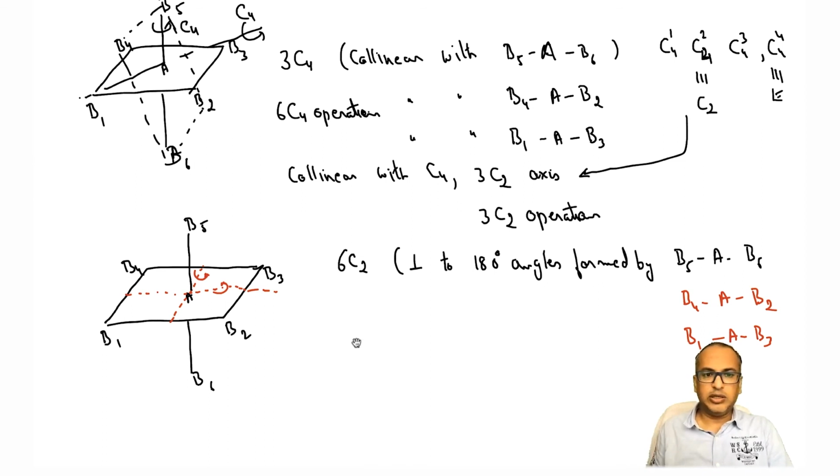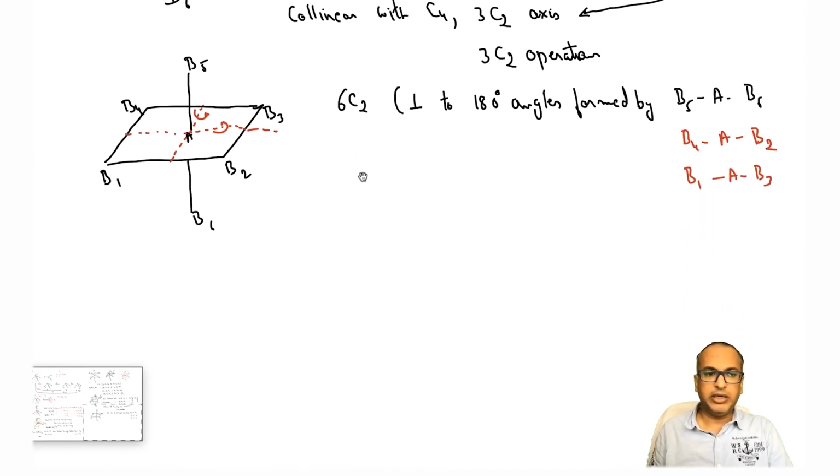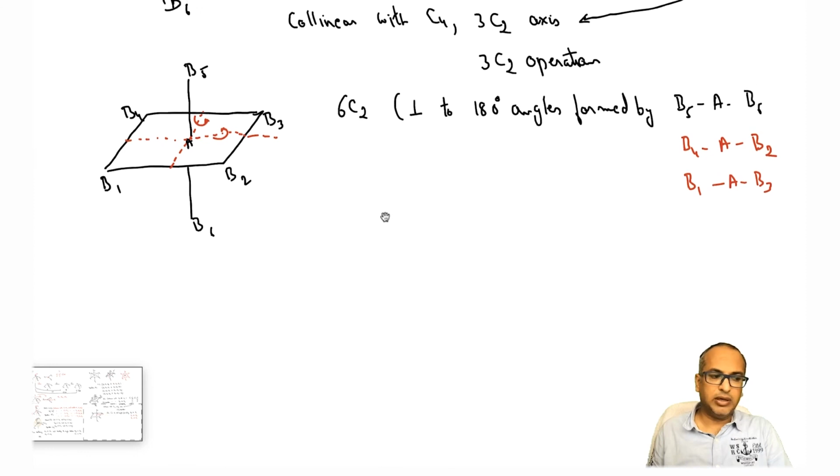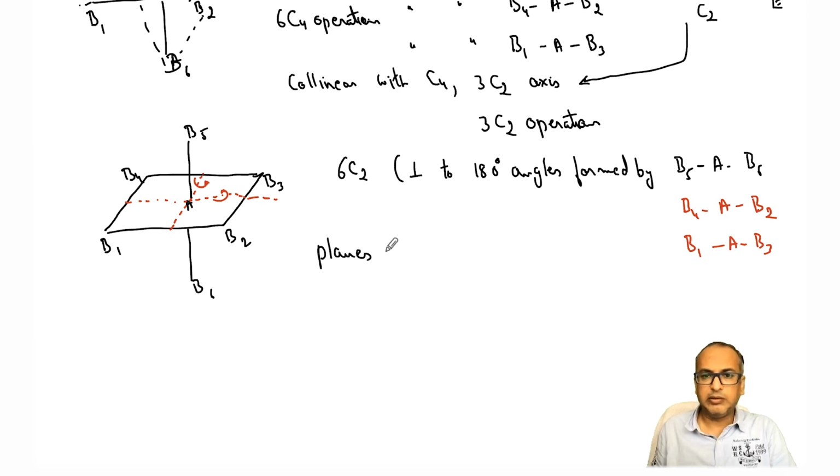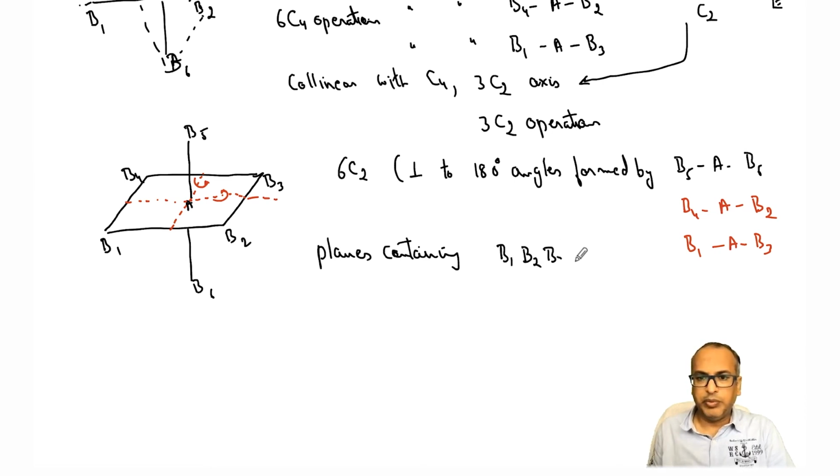So now let's also list down the symmetry planes. How many symmetry planes will be present in this one? Planes are simple to see. The planes which are containing the 4 B atoms and the central atom. For example, you have B1, B2, B3, B4.